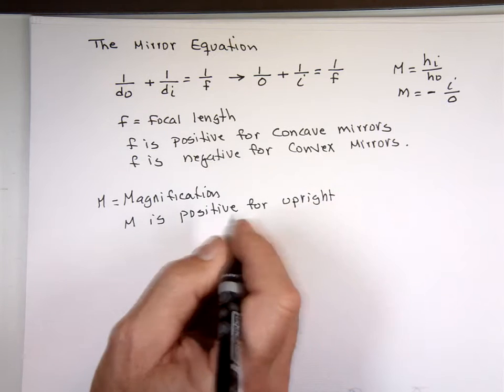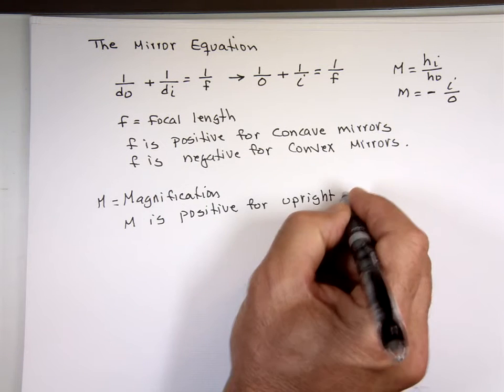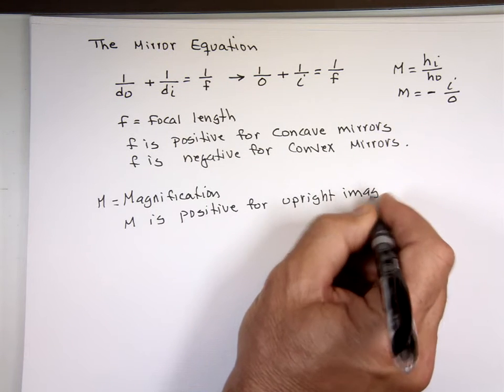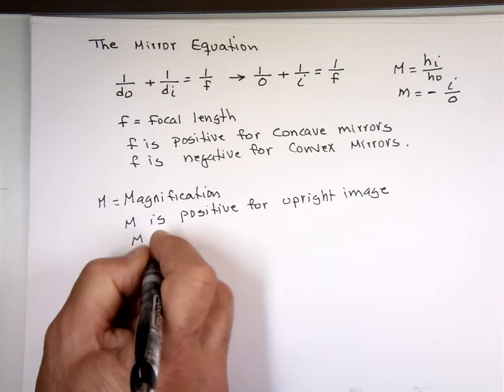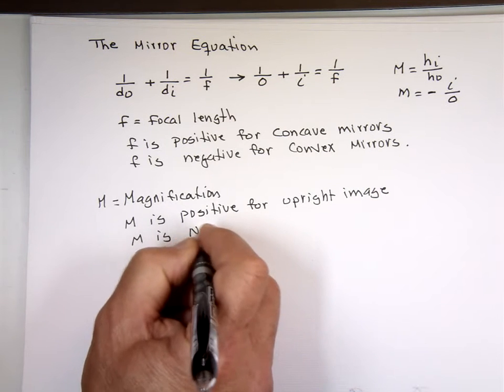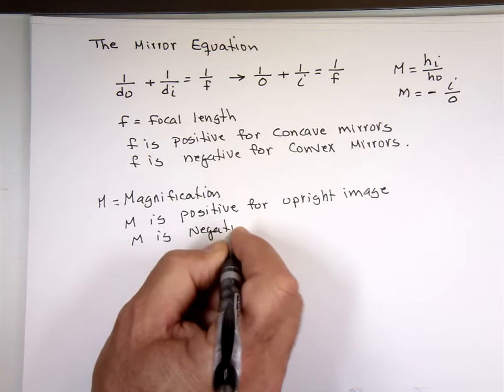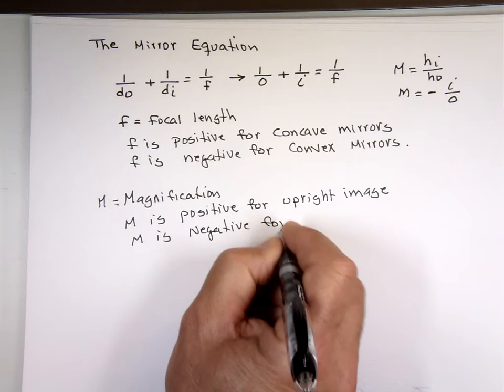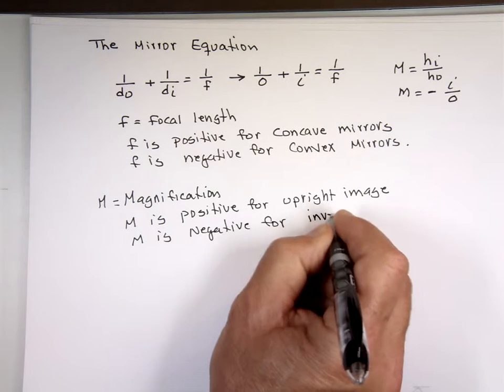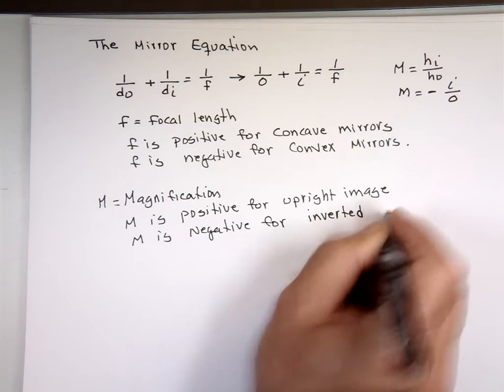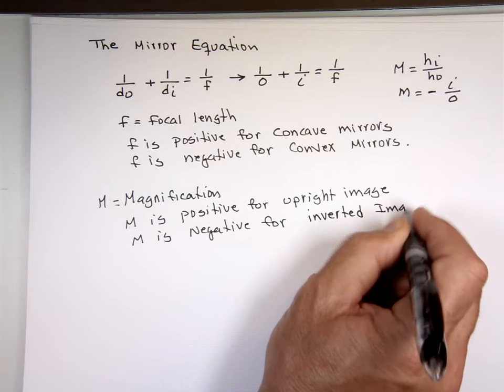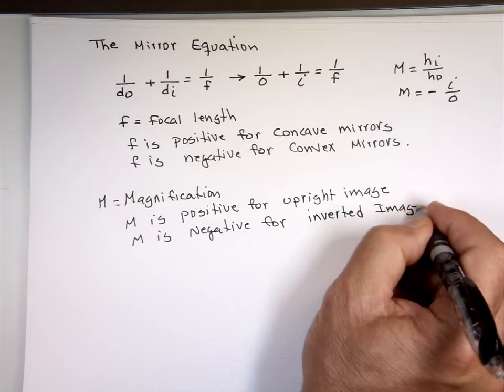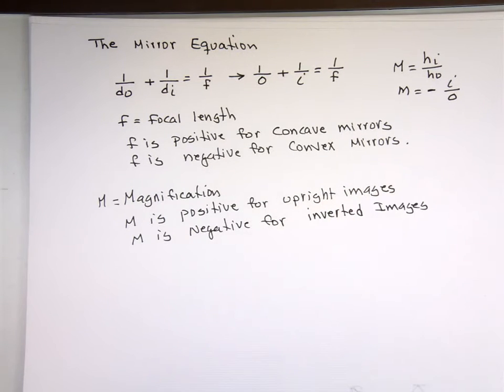Upright image. If it's negative, that means it flipped upside down. M is negative for what? Inverted images. This is just about the sign, positive and negative.